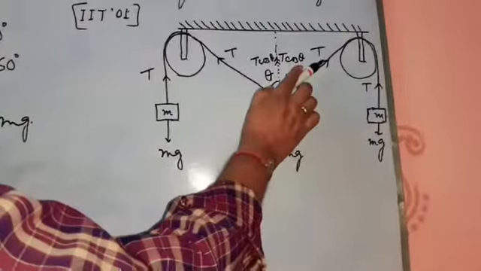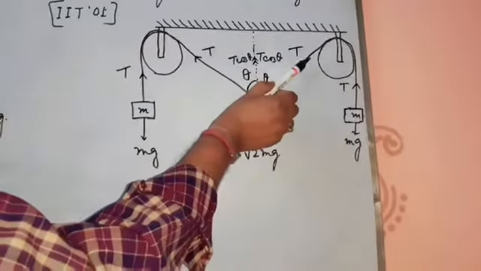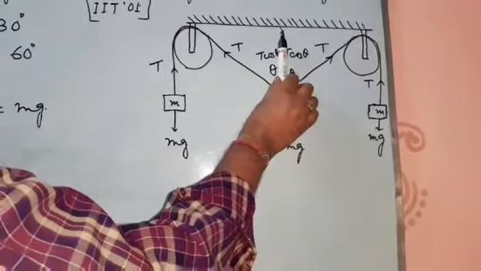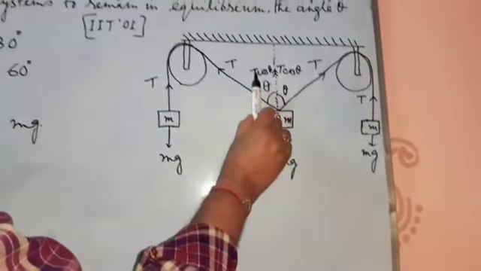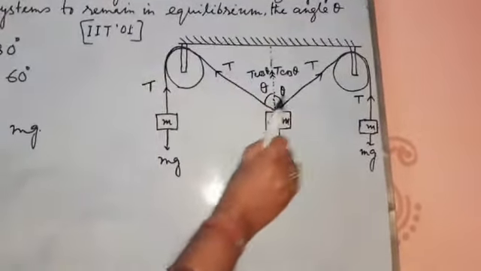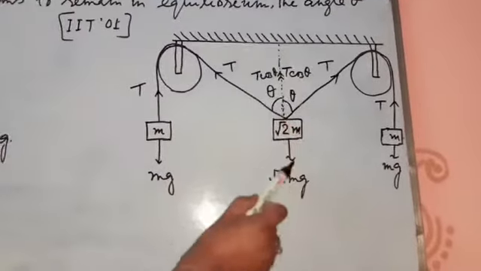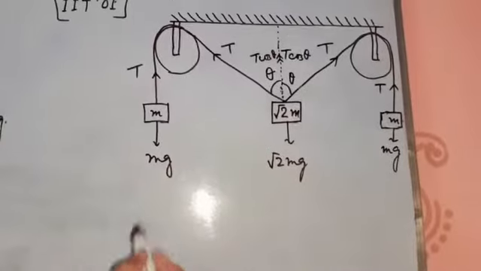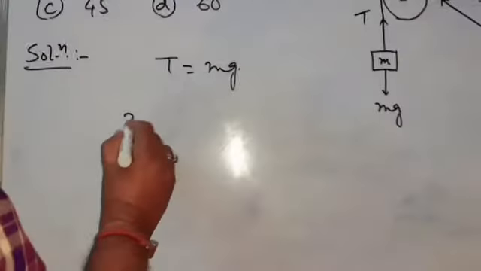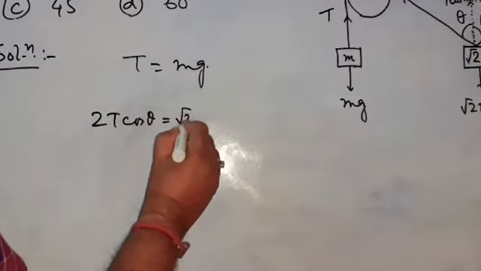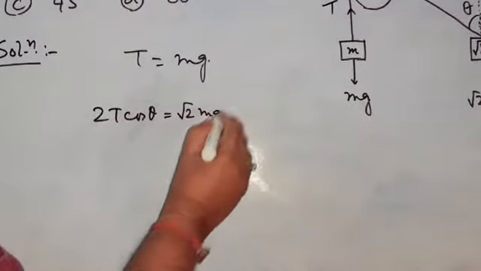Now if we resolve this T along this direction, it will be T cos theta. Again this one T cos theta. That means this side we get 2T cos theta, and this side it is root 2 mg. As this is in equilibrium, this force equal to this force. So we can write that 2T cos theta equal to root 2 mg.